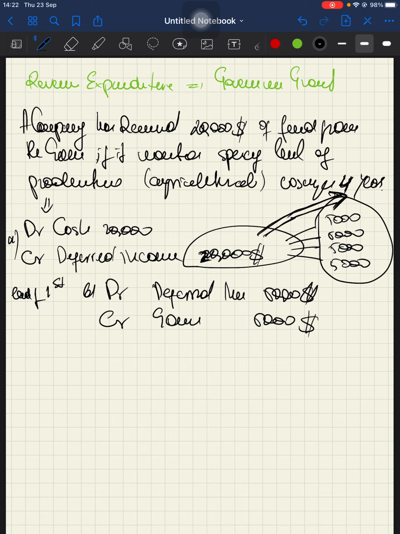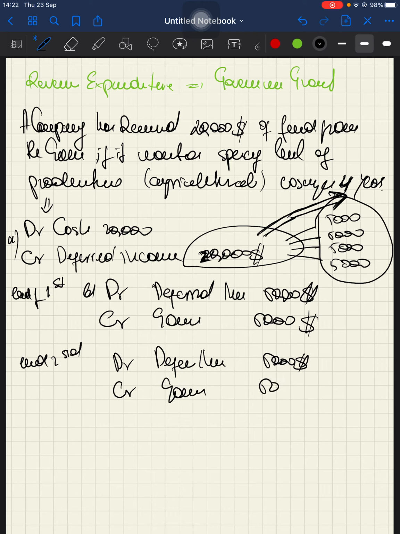So in each year we will record 5,000 as our gain, and let's assume that at the end of the second year, we have also recognized debit deferred income $5,000 and credit gain $5,000. So basically what is left in our account is a credit balance of deferred income of $10,000.